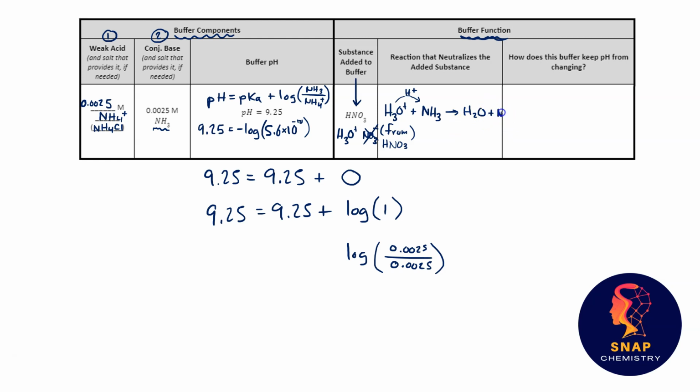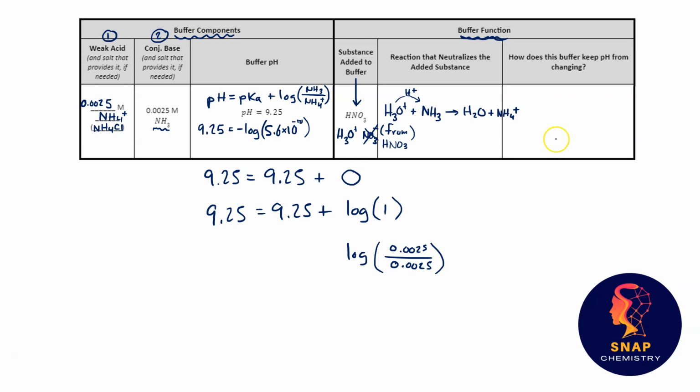My NH3 will turn into some NH4+, so we are going to be producing NH4+, which is a weak acid, so the pH is going to drop a little bit. The point is, we're getting a weak acid here, which is not going to be affecting the pH as drastically as the H3O+ will.